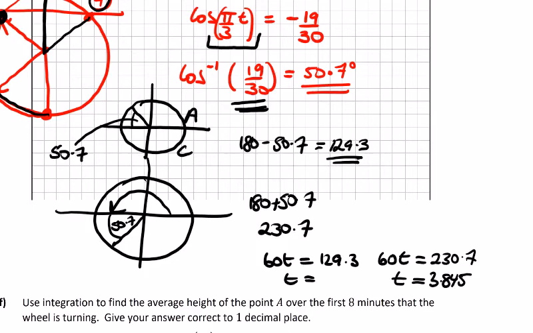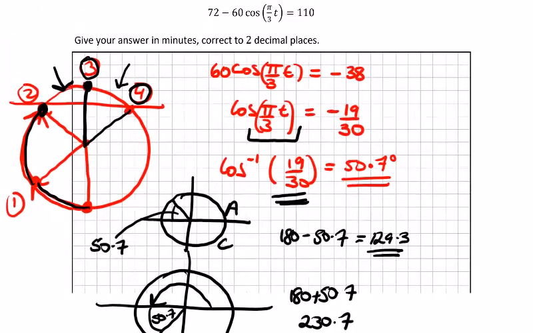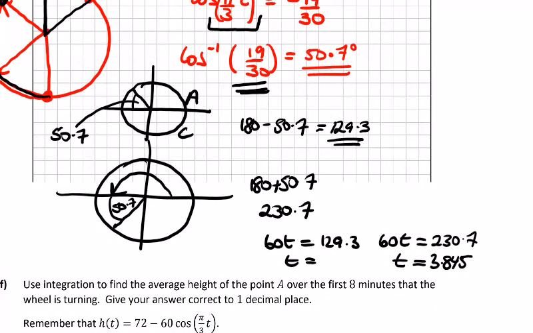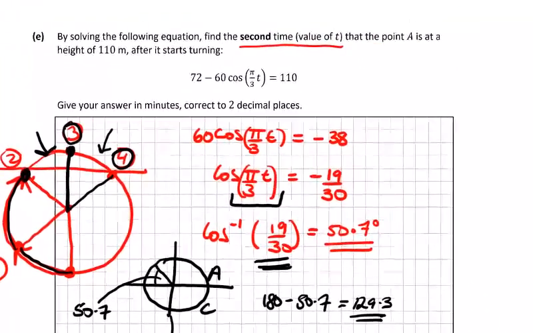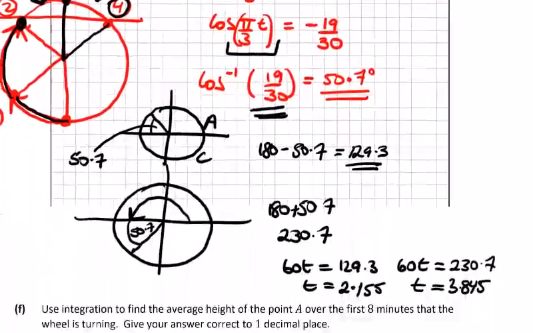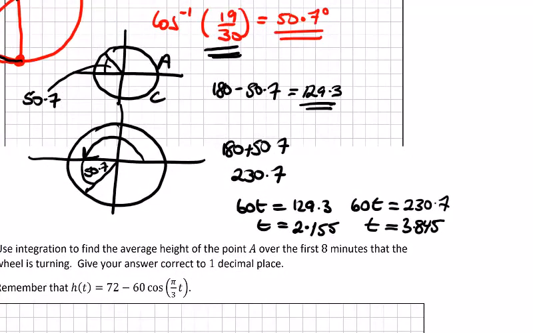Does that match what we said between the third and fourth second? You can see it does. And this one here is giving 2.155 seconds, which we don't need. The question asked, give your answer in minutes, correct to 2 decimal places. So they're not saying minutes and seconds. So 3.85 minutes, I think, is correct here.